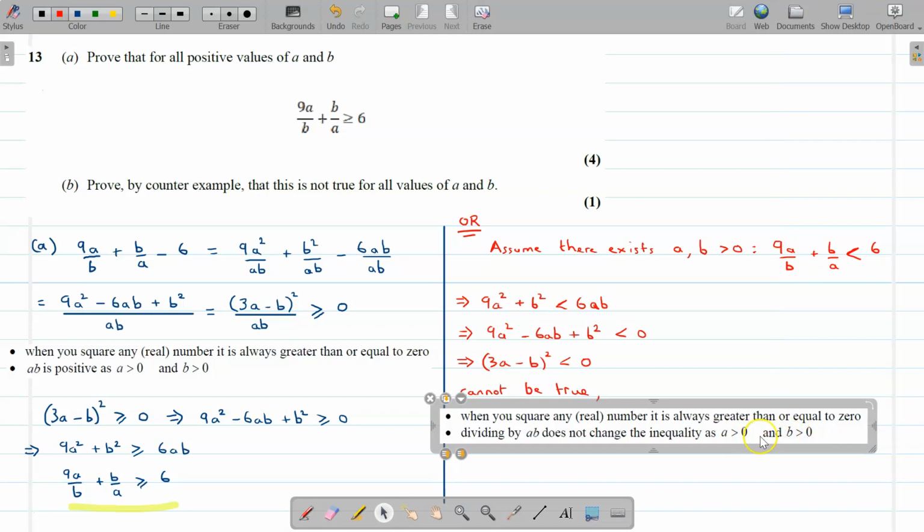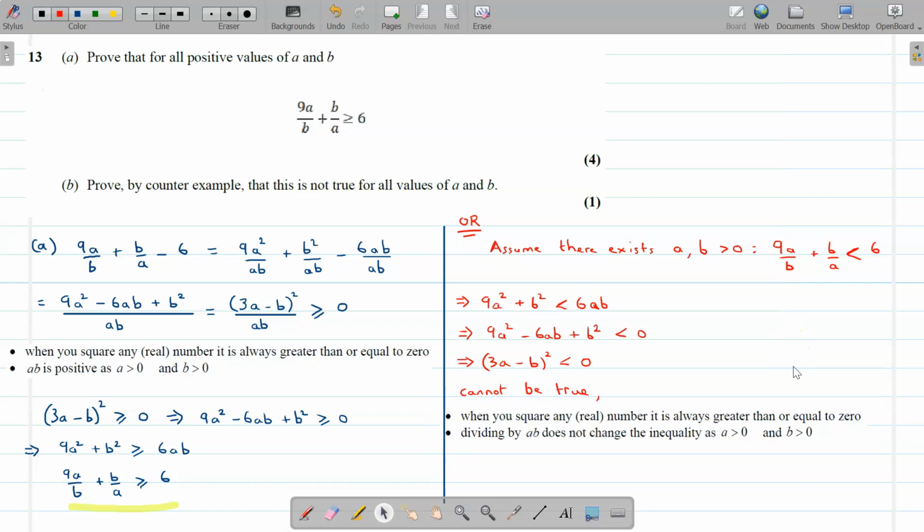Those are the two facts I'm using there. What I did here is I multiplied by ab, so to get back to the result that I need, I'm going to divide by ab, which I can perfectly well do because it's positive. So that cannot be true.